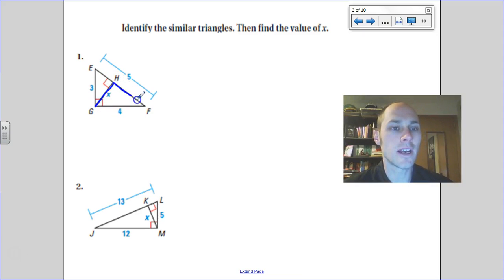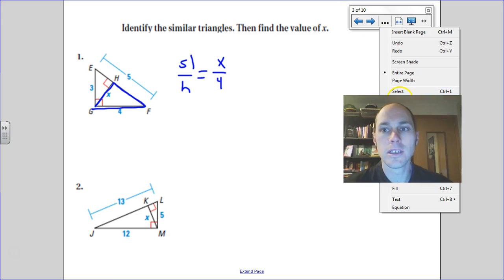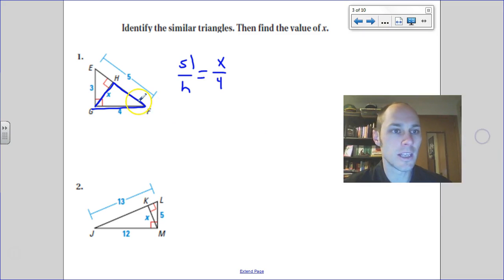I see in that triangle that I've got a hypotenuse and looks like the shorter leg. So in my blue triangle, I've got the shorter leg, I'll abbreviate that SL, and the hypotenuse. And those two are X and 4. So now I've got to find another triangle where I have the shorter leg and a hypotenuse. I'm going to use a different color so that it's easier to tell apart.